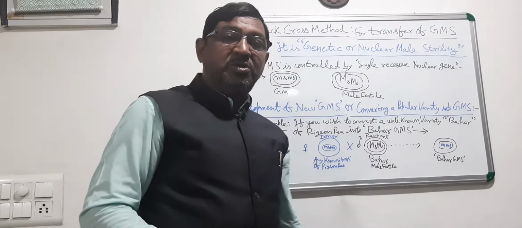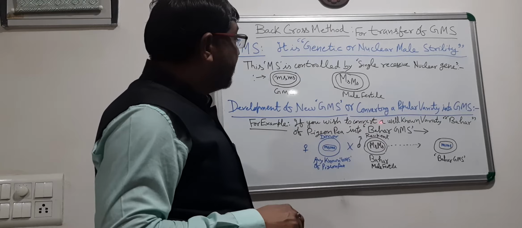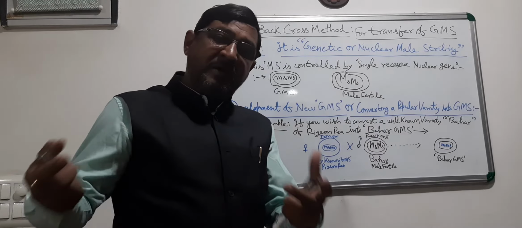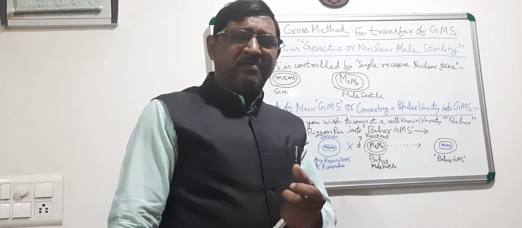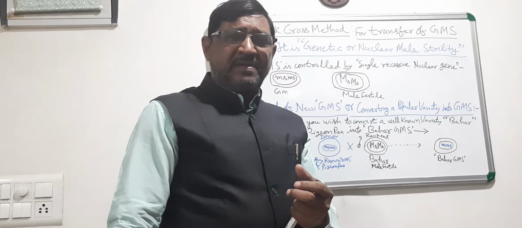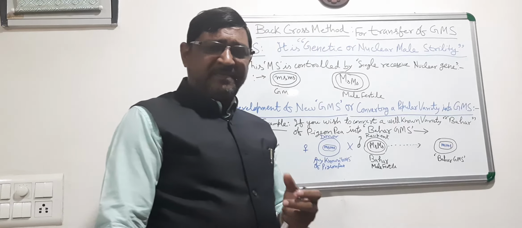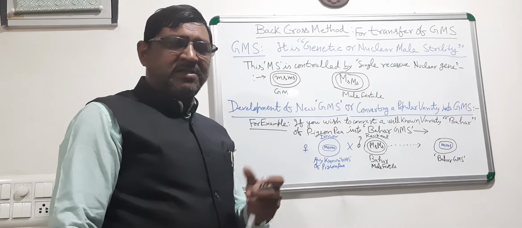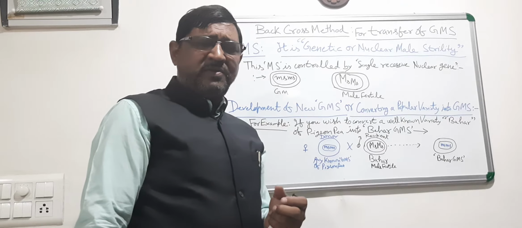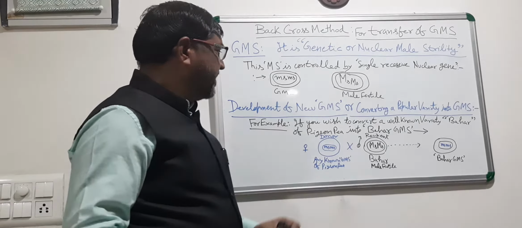So here, for example, if you wish to convert a well-known variety, Bahar, which was a very popular, very high yielding variety of pigeon pea, a mega variety in pigeon pea in northern states, and its cooking quality was also very good, very tasty pigeon pea.